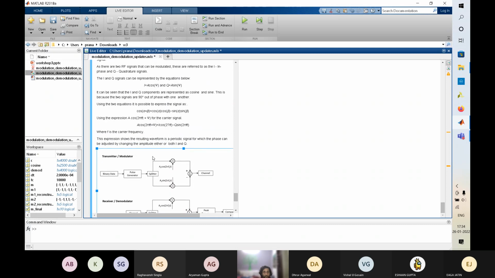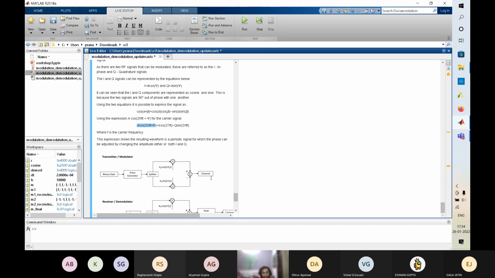Based on the binary data, we calculate A cos phi and A sin phi. Then we multiply them with cos 2 pi fct and sin 2 pi fct, and then we add and subtract to get this signal.